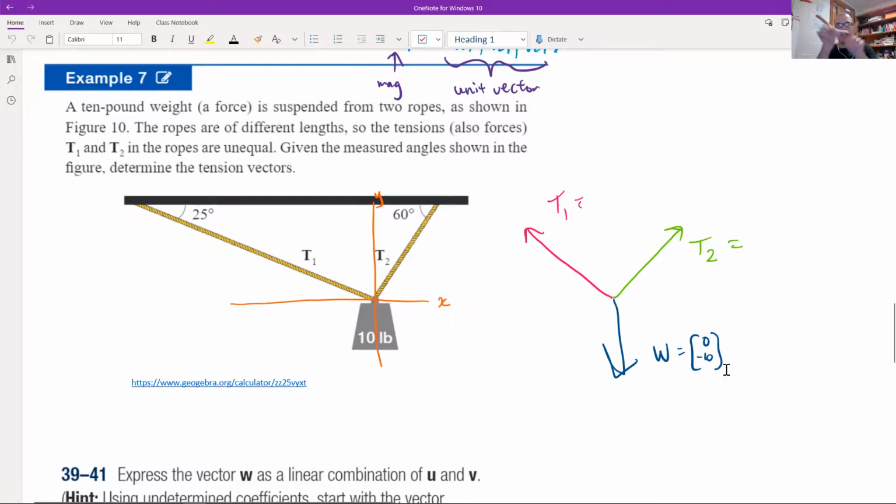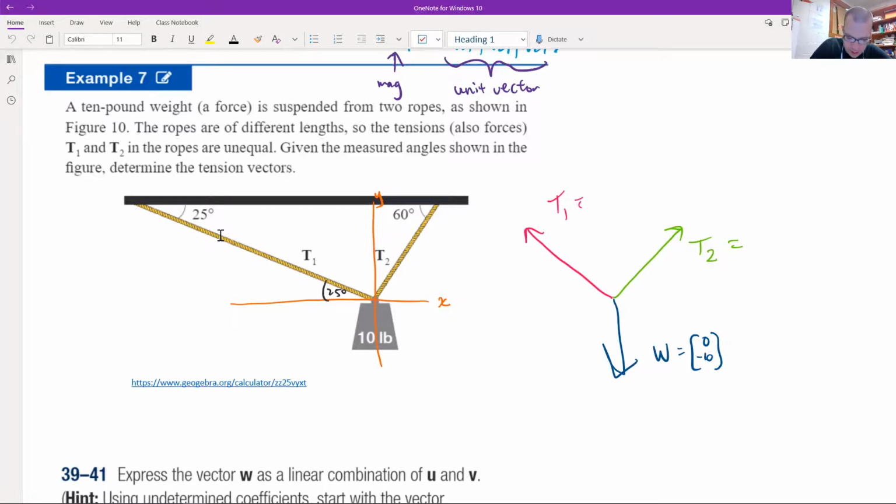Now let's take a look at the other forces. Since we have a 25-degree angle up here on T1, we would have another 25-degree angle down here, because they are alternate interior angles of two parallel lines.